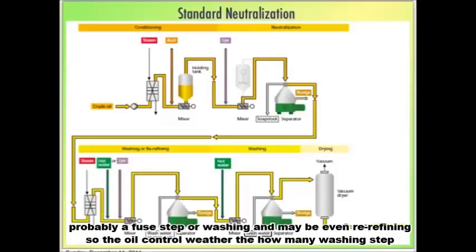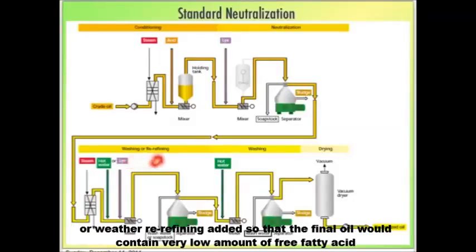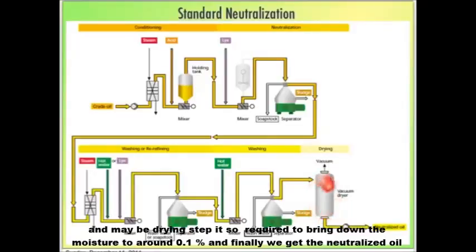So the quality control would determine how many washing steps or whether re-refining is needed, so that the final oil will contain very low amount of free fatty acid, and maybe a drying step is also required to bring down the moisture to around 0.1%, and finally we get the neutralized oil.